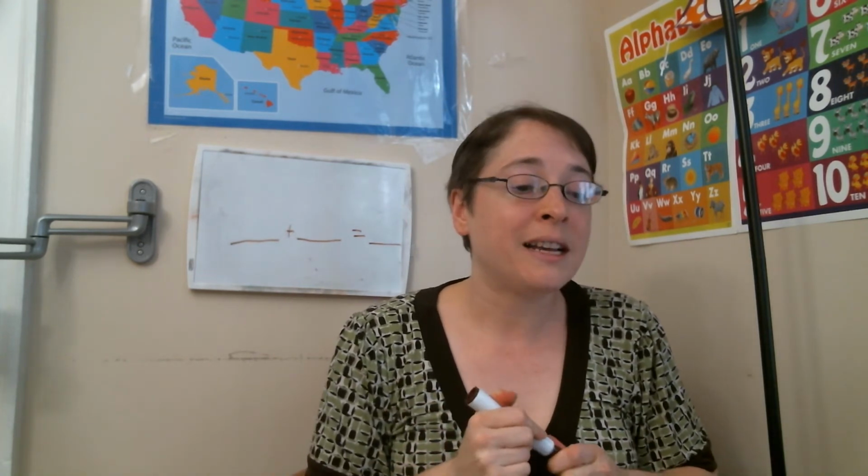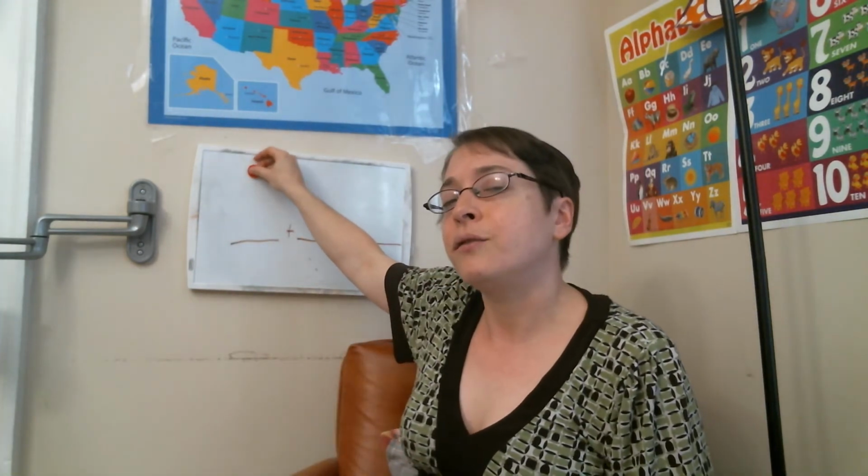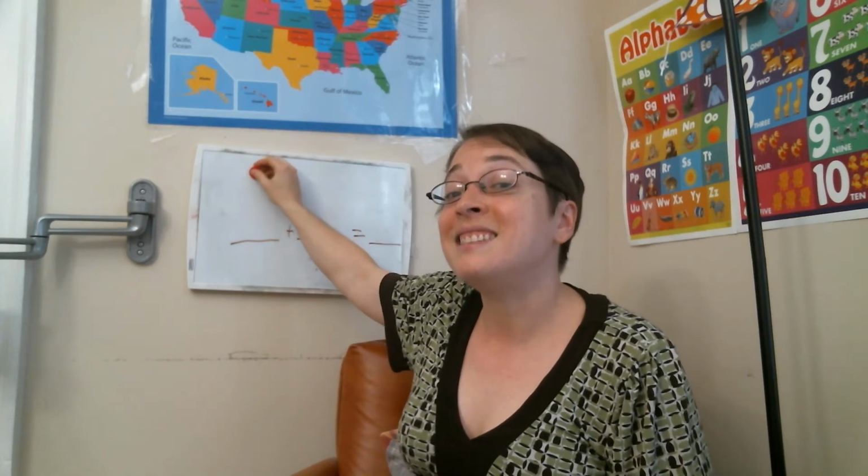Okay, now we're going to practice the number sentences. There were 6 bears asleep, and 3 bears were playing. So how many bears were asleep? Do you remember? 6. So I'm going to put 6 bears. And you can do this at home with your own objects that you're using for counting.